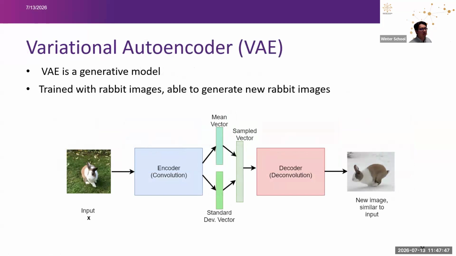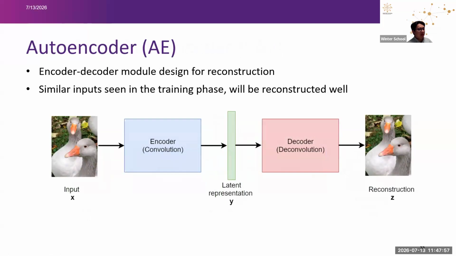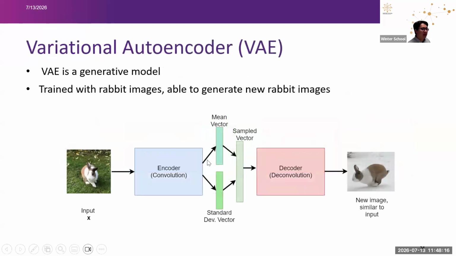Another model we call VAE is a little bit more complicated. It's a generative model. For the AE model, if the encoder has only seen dogs, technically it cannot reconstruct images of rabbits. But for VAE, we imagine we have a latent distribution.